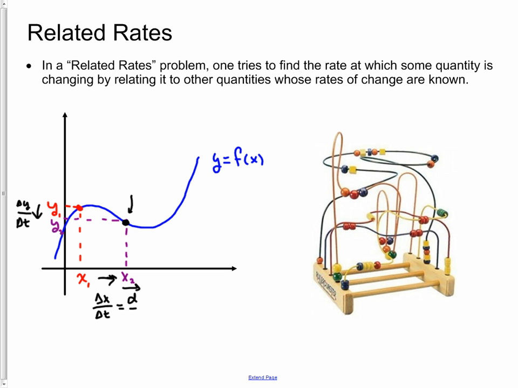There should be an instantaneous change in x divided by an instantaneous change in time, and related to that at this point is a related change in y with respect to time. So we call dy/dt the instantaneous change in the y values, and dx/dt the instantaneous change in the x values. And we might be interested in finding the relationship between those rates.